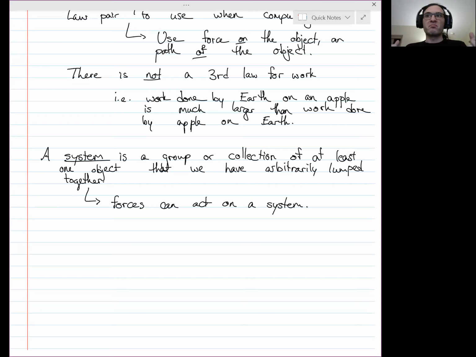I didn't have to consider that a system. I could have considered my head one system and then the rest of my body not part of that system. The point is that I can call myself a system and then examine forces acting on me, and I don't have to worry about whether that force is acting on my liver or on my left ear. It's just a force acting on the system.